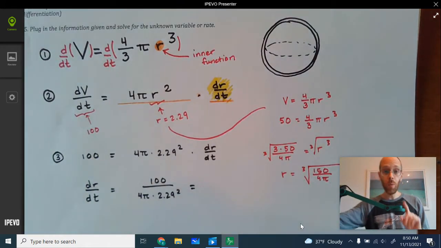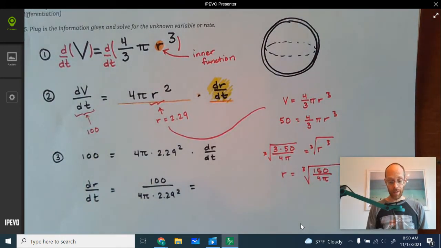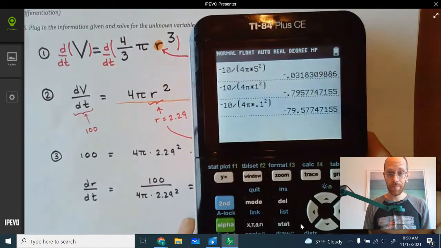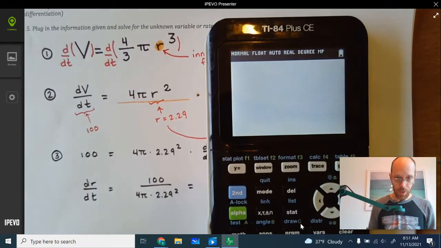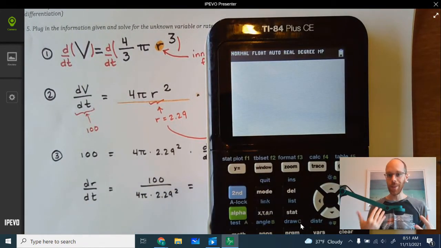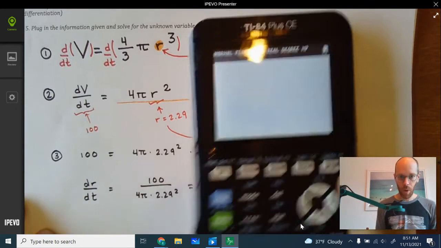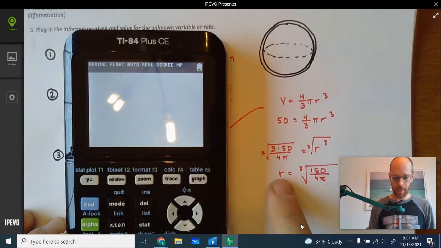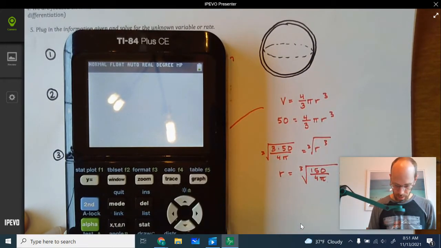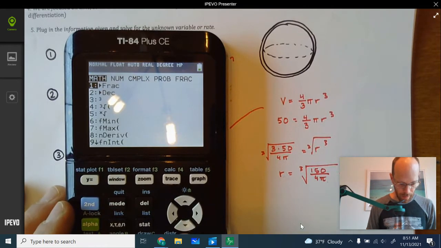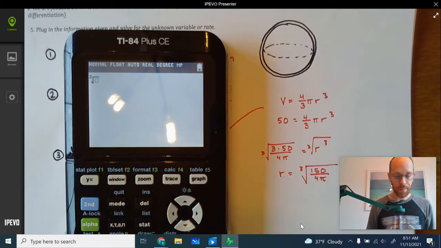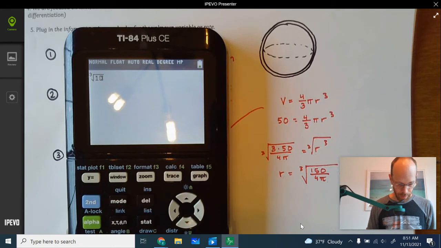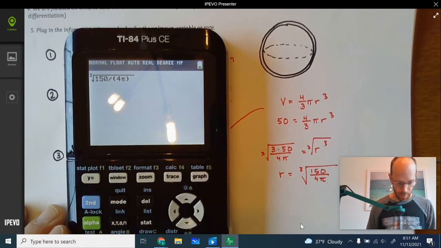If I may say a word about using the calculator on one of these problems, I would strongly encourage you to hang on to your numbers and don't round them. What I mean by that is at this stage, when we found R, we could do that as math cube root of 150 divided by 4 pi in parentheses.